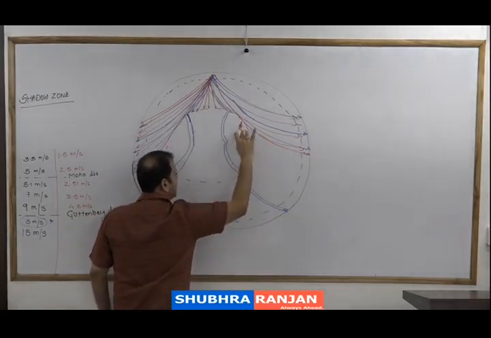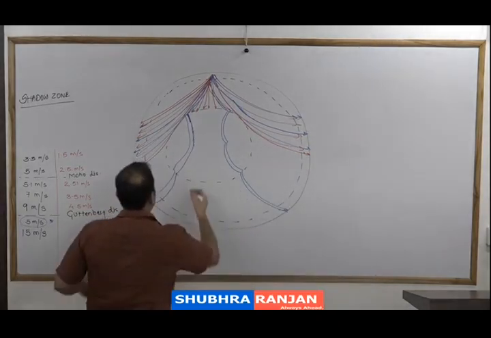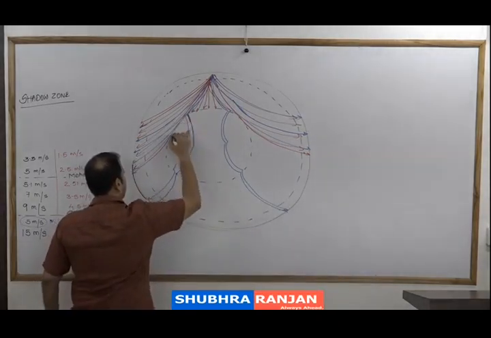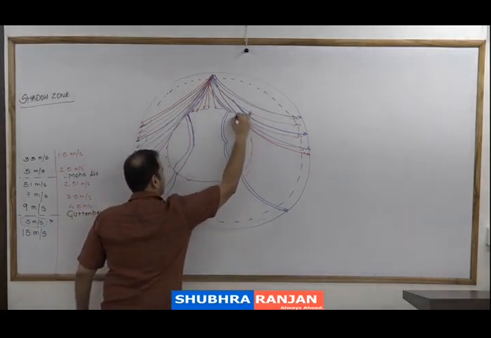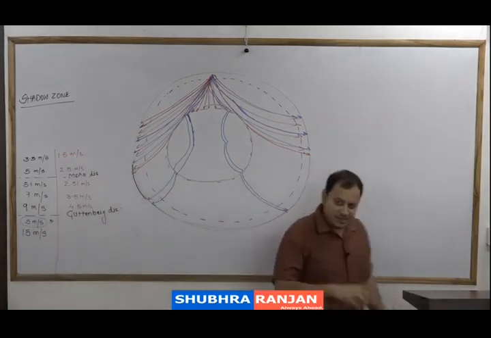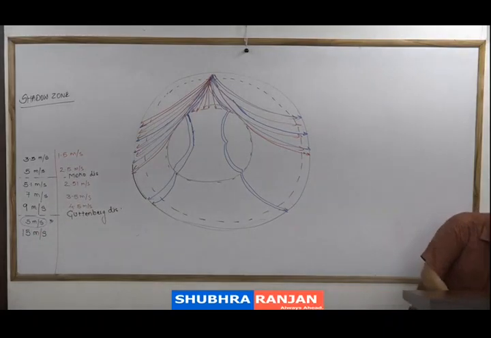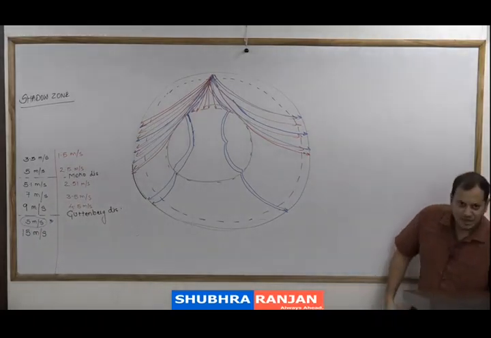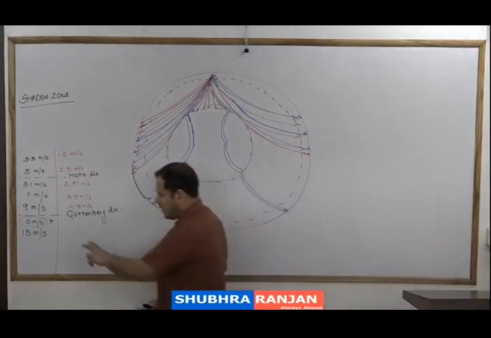There was no S wave which could pass after this layer of the earth. That is, can I say they could not penetrate inside the core? And because they could not penetrate inside the core, and the velocity of S waves is very, very less, the velocity of P waves is very, very less here.